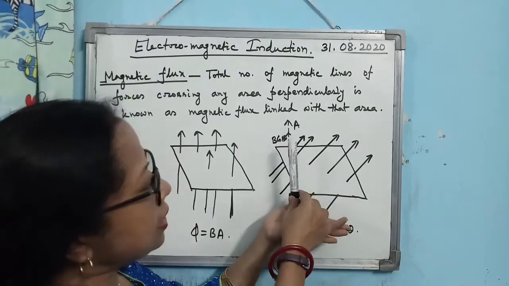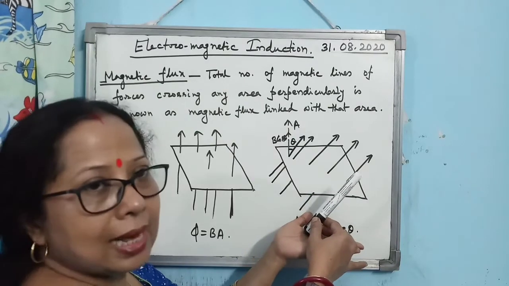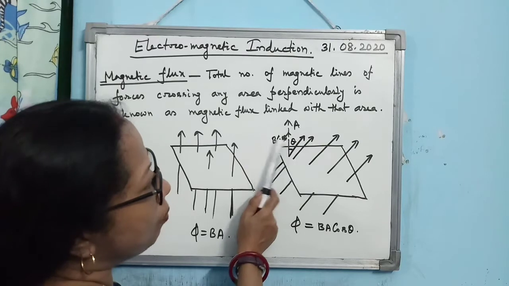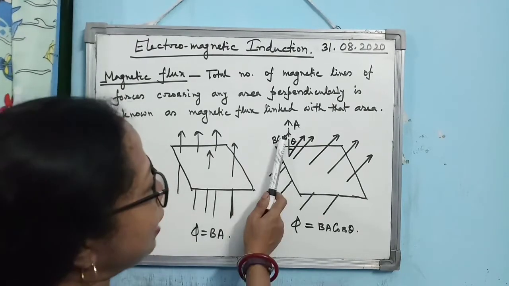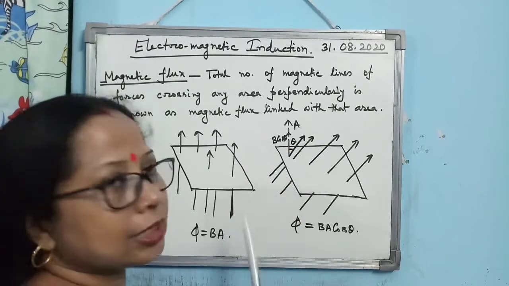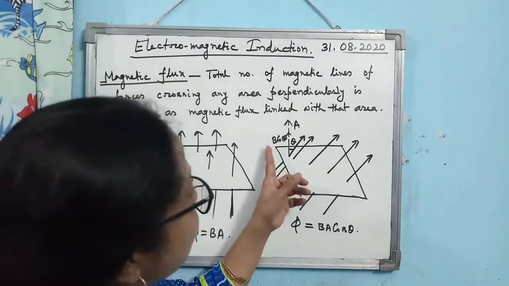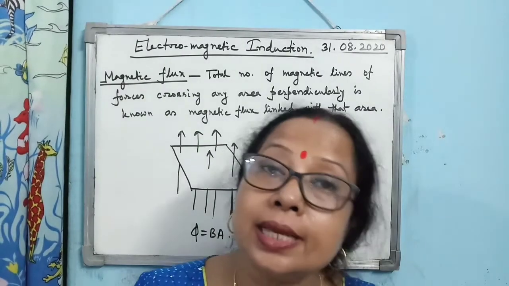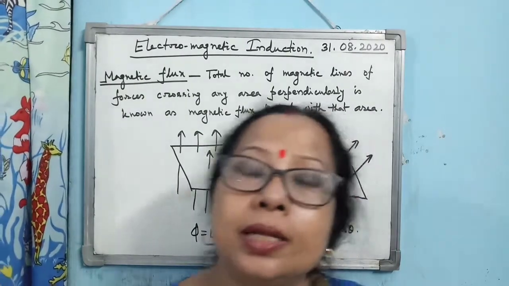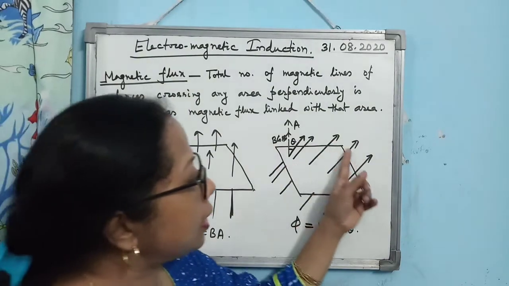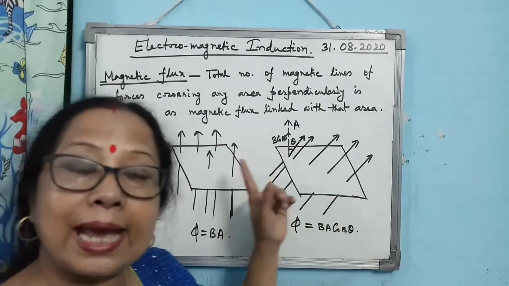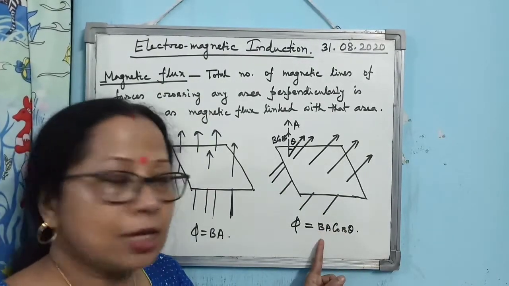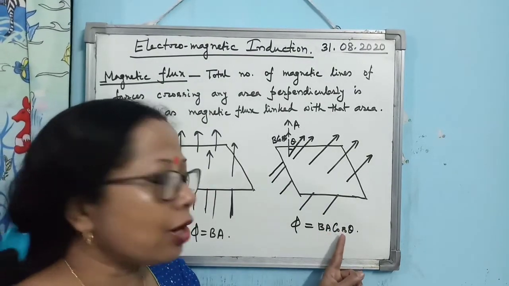So, if this is the area vector and this is the magnetic lines of force, and the angle between them is theta, then the component B cos theta will be along the direction of A. So, B cos theta gives you the number of lines of forces crossing unit area perpendicularly. What will be the total number of lines of forces crossing the entire area? It should be B cos theta into A. So, you can write it as BA cos theta.